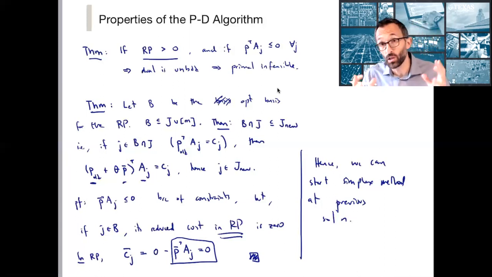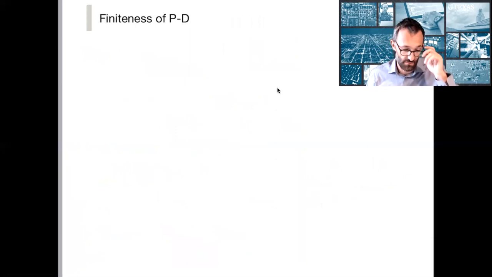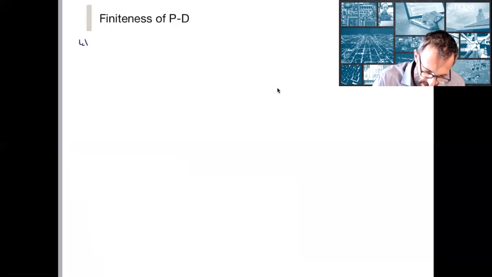Okay, we're going to use all of these now to claim that the primal dual algorithm is finite. So in other words, it can't just approach the solution. It will terminate with the optimal solution or an assertion that the primal is infeasible after a finite number of steps. Okay, so how do we see this?